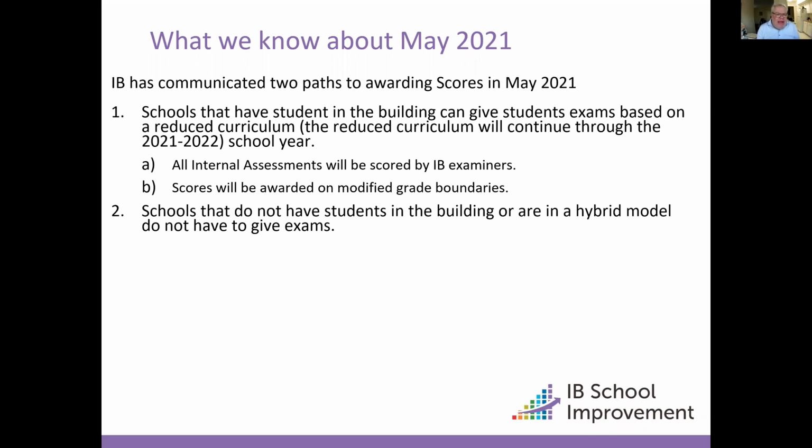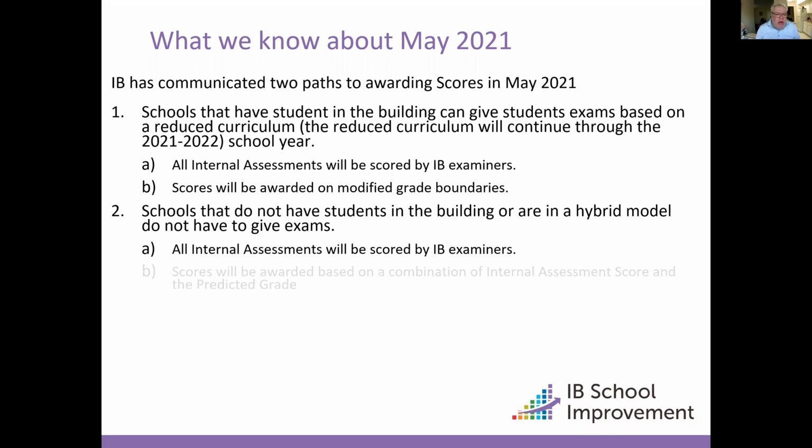So if you do not give exams, how will scores be awarded? Number one, as in the situation above, internal assessments will be scored by IB examiners. Okay? And number two, scores will be awarded based on a combination of internal assessment score and the predicted grade.